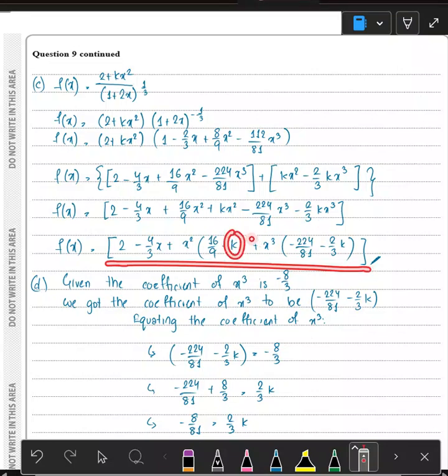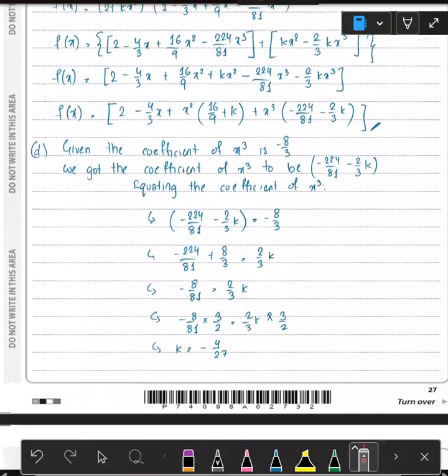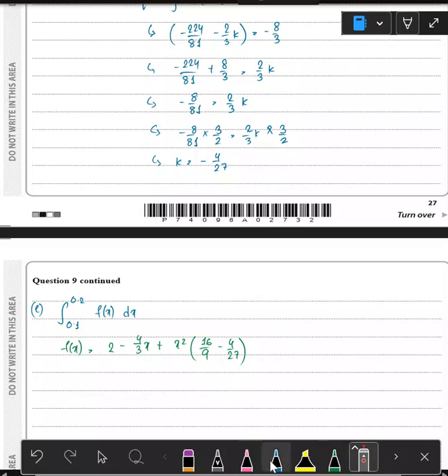I'm substituting k with negative 4 by 27 here. And so x cube is negative 224 by 81 negative 2 by 3, and k is negative 4 by 27. Sorry, this would be this, and x cube I have written.